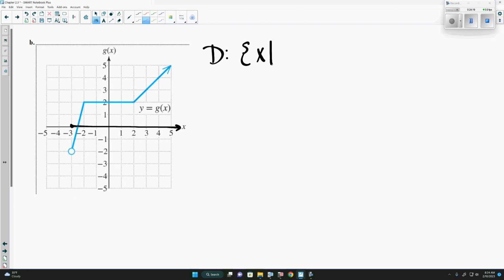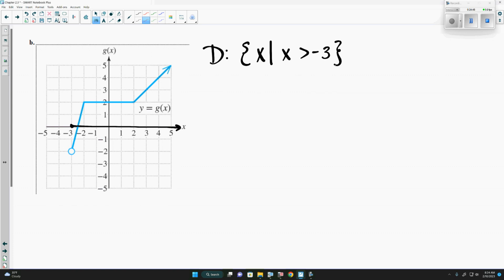And this is really saying for all real numbers x, such that x is greater than -3. The domain is all real numbers x such that x is greater than -3. We don't say equals to because the circle's open.